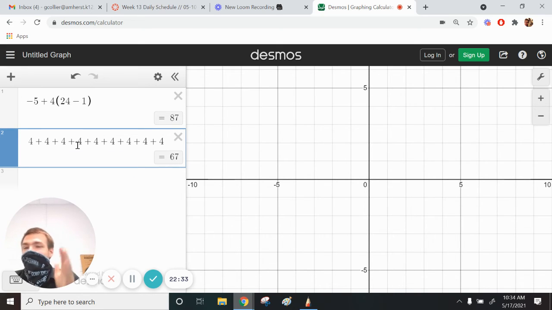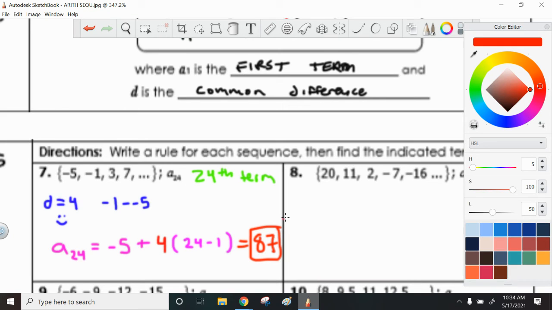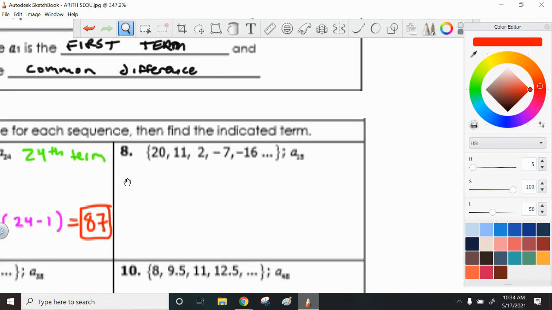And I'll tell you what, if 5 kids are going to do this, one of them is going to add the wrong number of 4s. So you can do this, you guys are smart enough. You'll pull it off. Just be careful and make sure that you're adding the right number of 4s. I like using the formula. So let's go back. This formula works pretty great, works pretty easy. What is our difference for number 8?